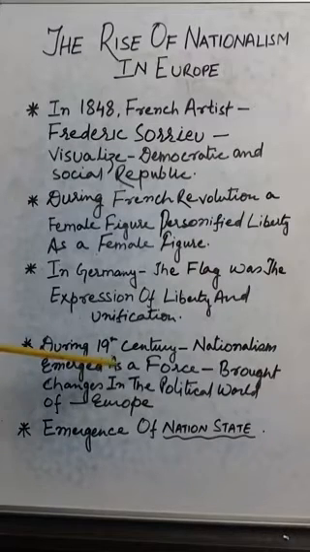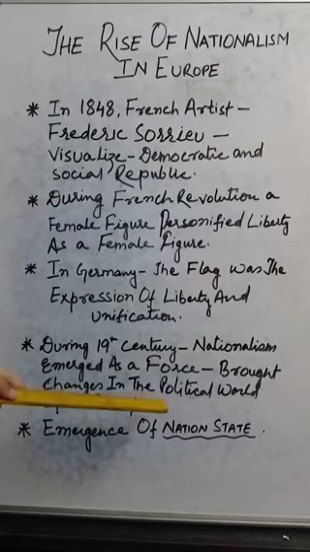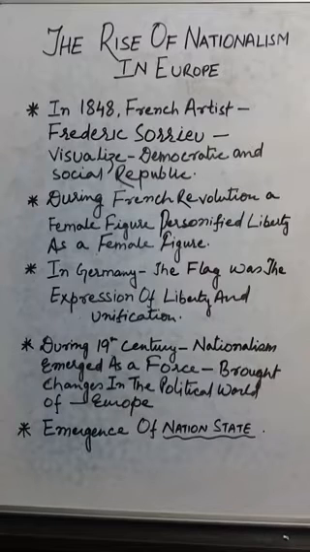During the 19th century, nationalism emerged as a force which brought about sweeping changes in the political and mental world of Europe. Yes, my dear students, this is what I was explaining.